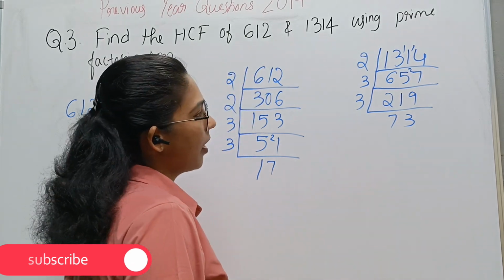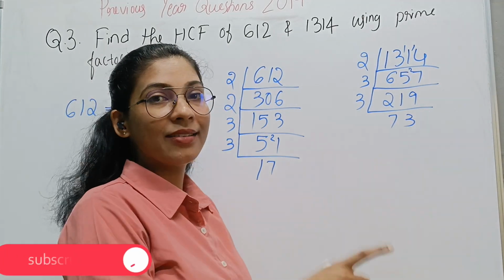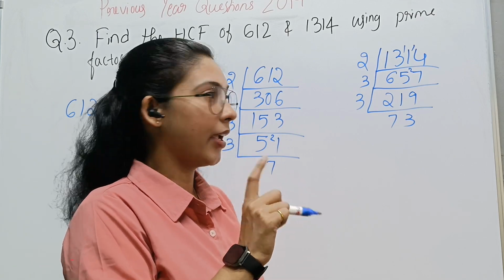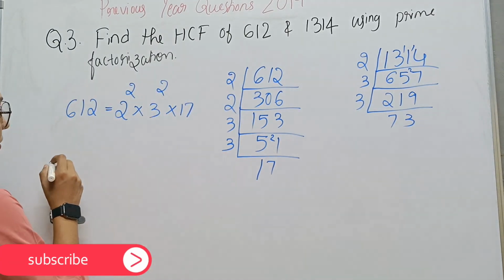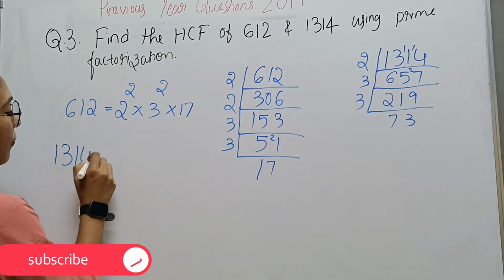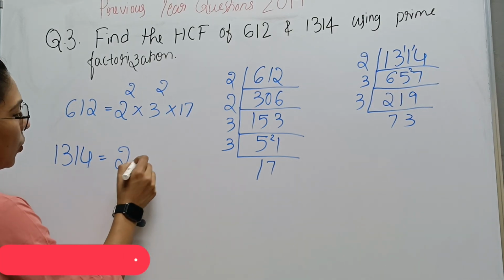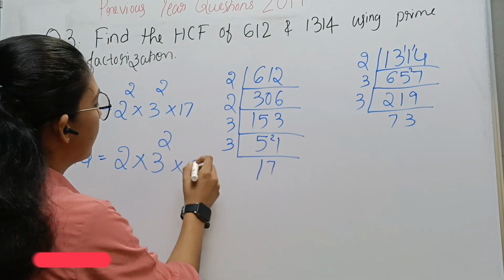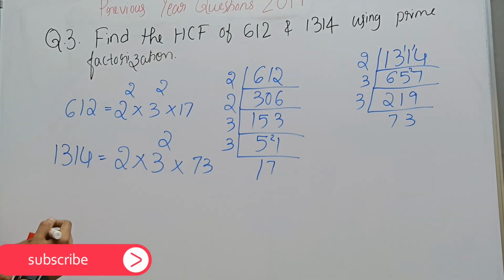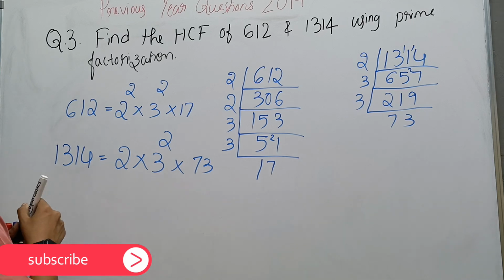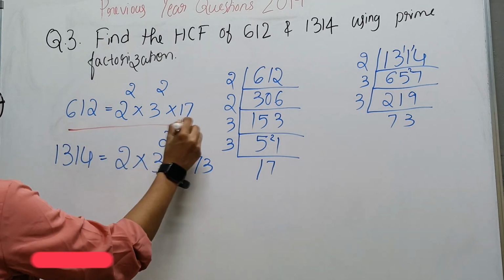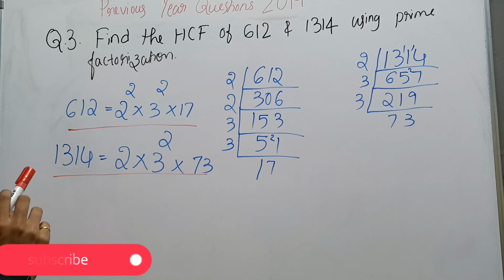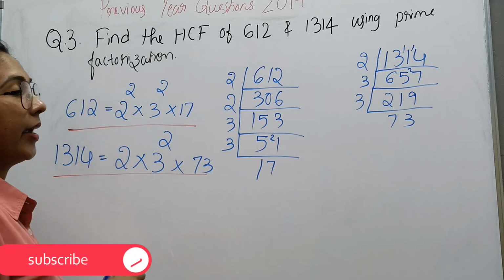Finally we get 73, and it's clearly a prime number, so we can't factorize 73. So the factors of 1314 are 2 into 3 to the power 2 into 73. So these are the factors of 612 and also 1314. And now we have to find the HCF.